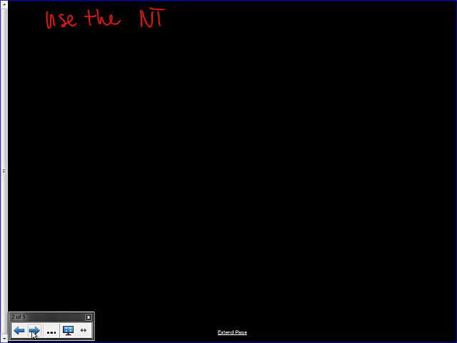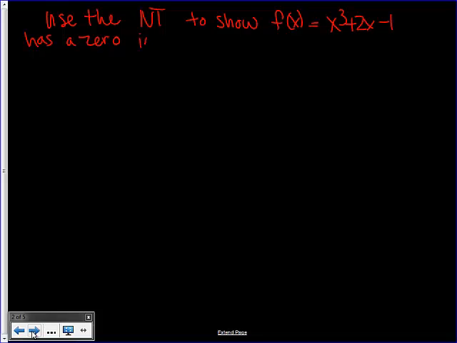Use IVT to show f of x equals x cubed plus 2x minus 1 has a 0 in the interval of 0 to 1. Okay, so here's how that works.